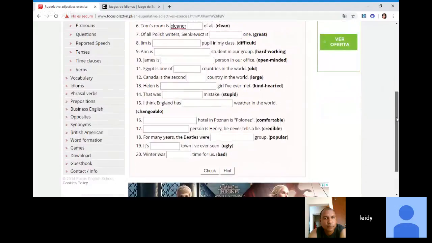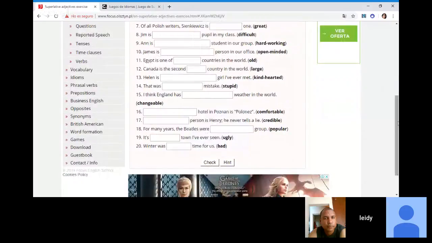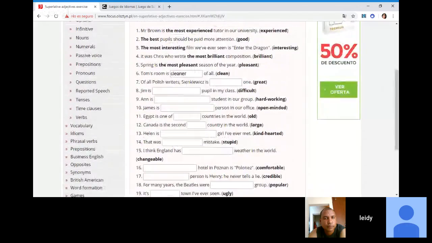No. Carlos, what is the correct answer? When you are using this kind of adjective like a superlative, you say first, remember that you write the article there and later you write the adjective and you finish with the letters E, S, T. The cleanest.